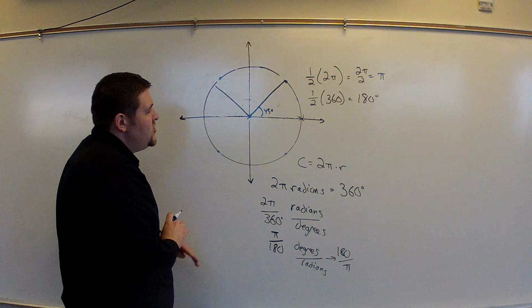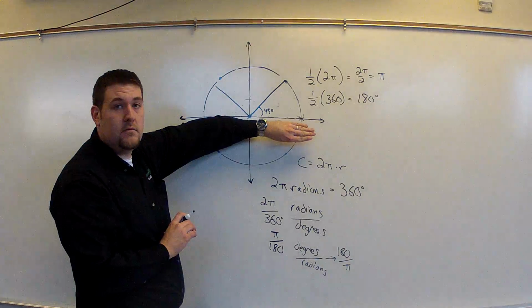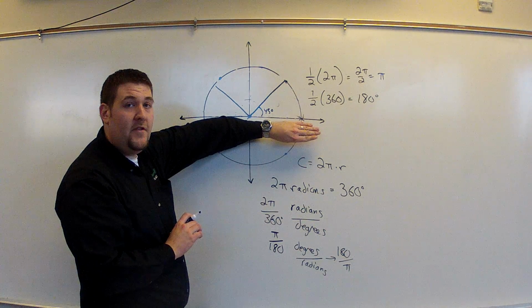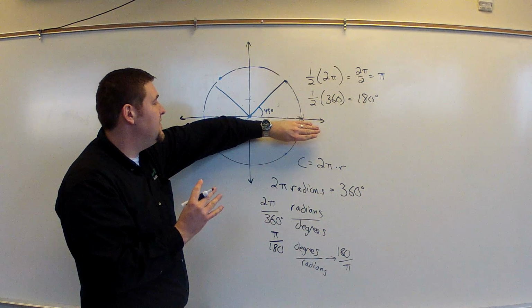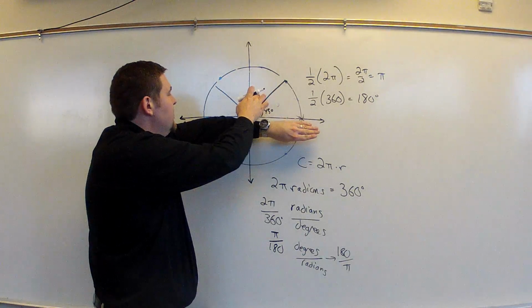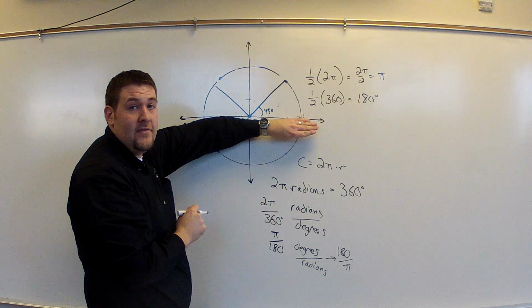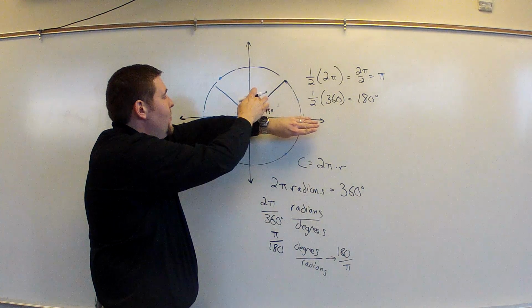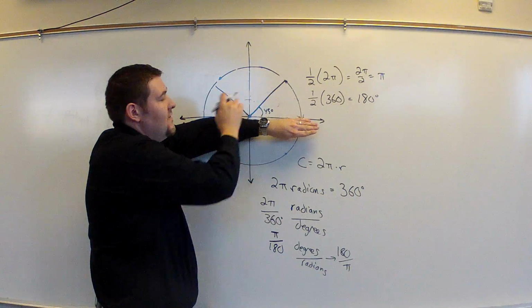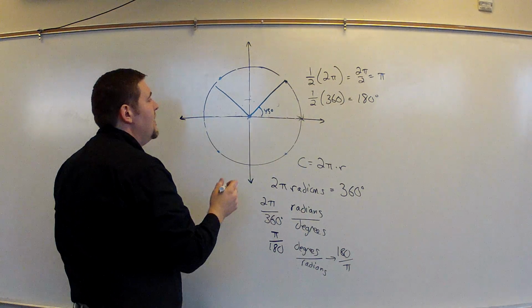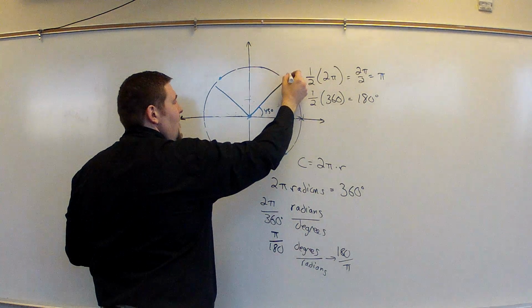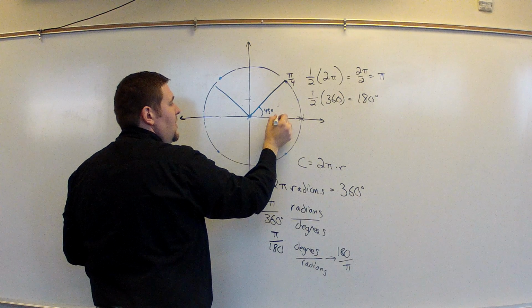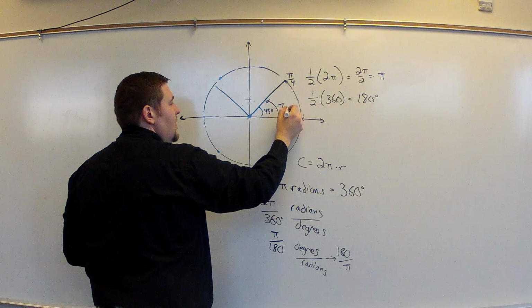If we take a look at just the top half of the circle, I've broken the top half of the circle into 4 equal pieces. In the top half of the circle, I have pi radians. So I'm taking pi radians and breaking those into fourths. And so those fourths become, or this measure becomes, a radian measure of pi over 4.